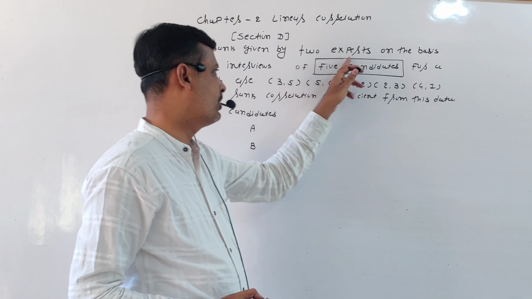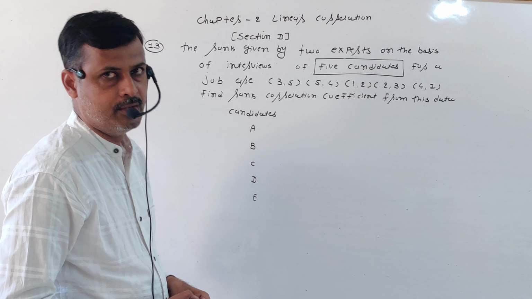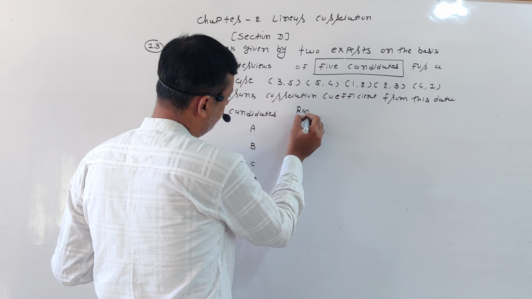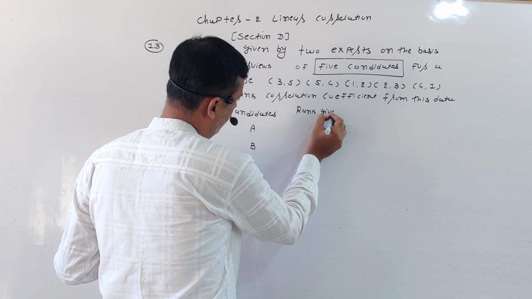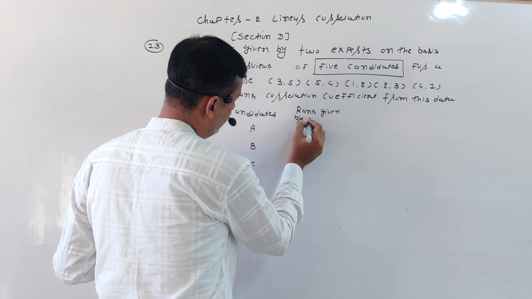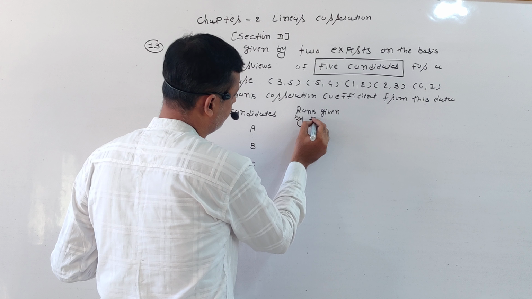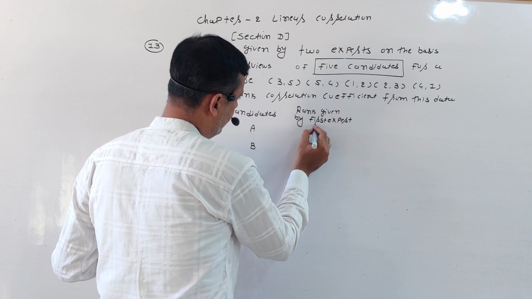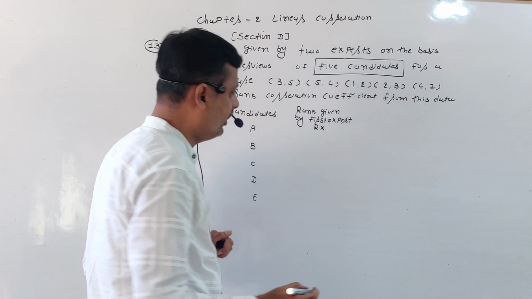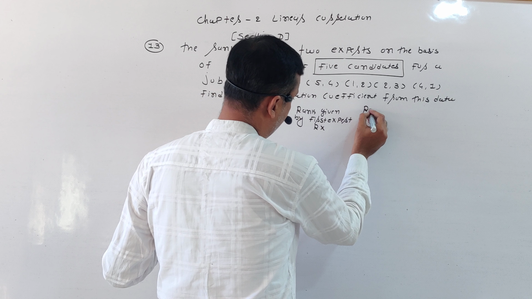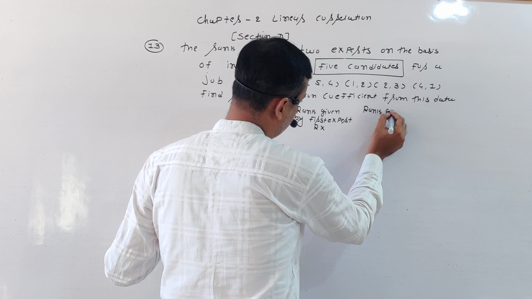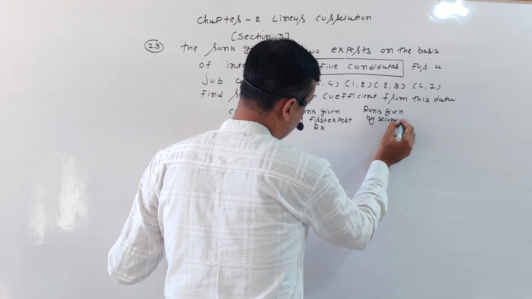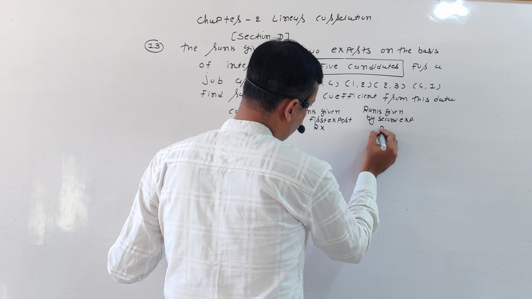Now 2 experts have given ranks on the basis of their performance. The rank given by the first expert we take as Rx. The rank given by the second expert is Ry.